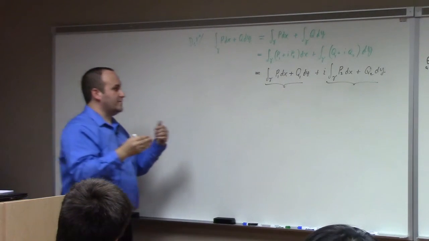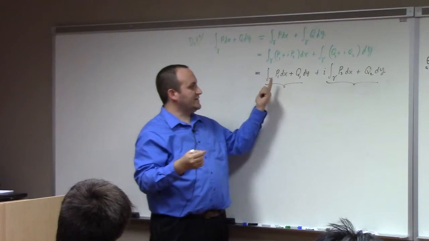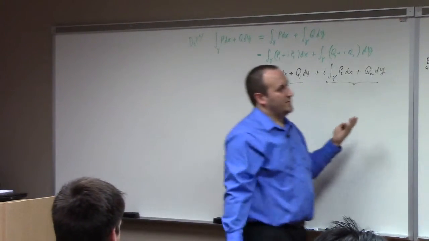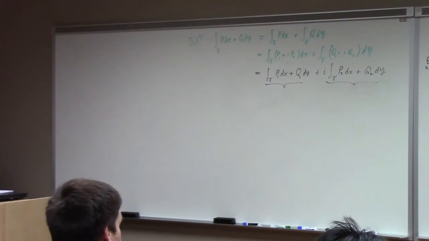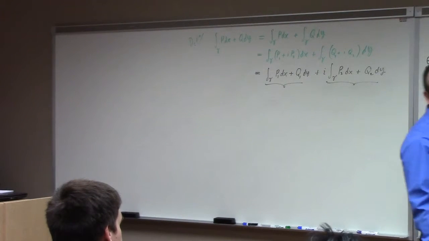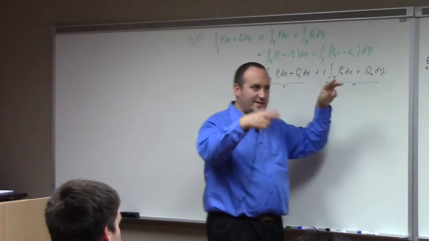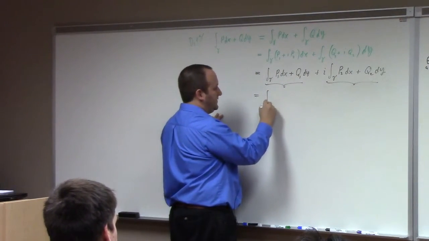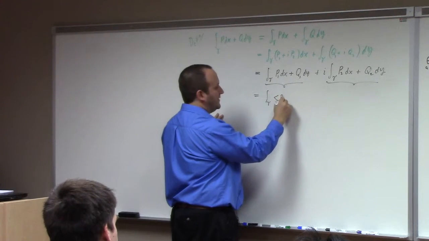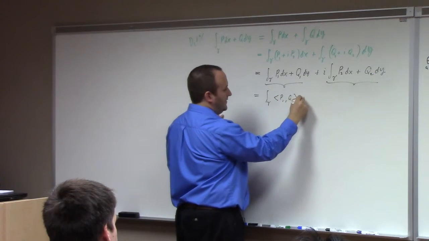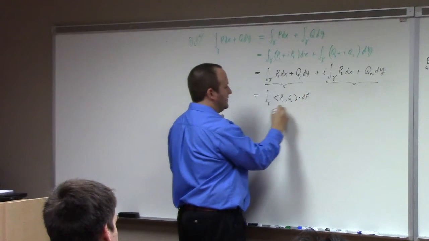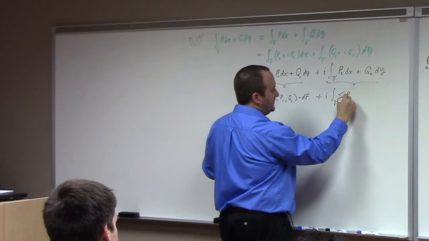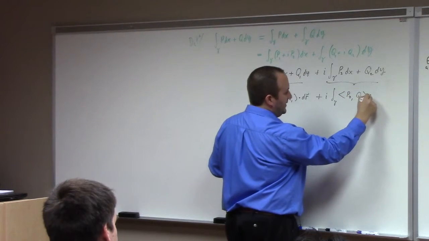The dx integral is exactly the definition of line integral: you're multiplying by the x component of the velocity, so that is the x component of the work. This is actually the line integral of the vector field P1, Q1 dot dr, in my Calc 3 notation, plus i times the integral over gamma of the vector field P2, Q2 dot dr.